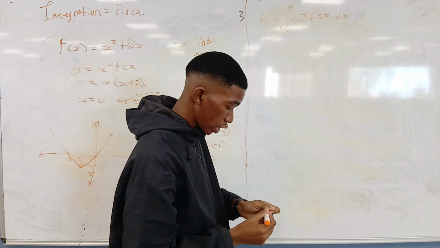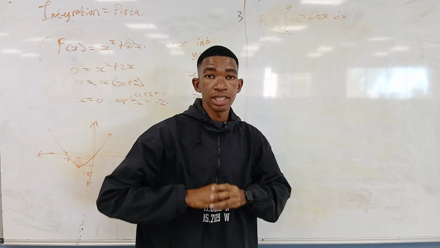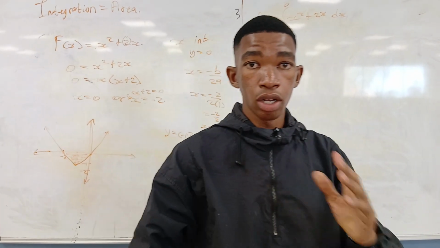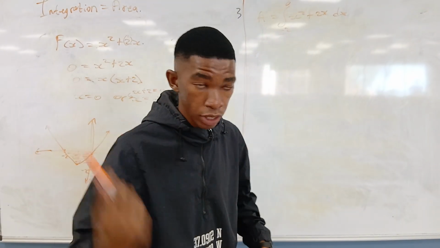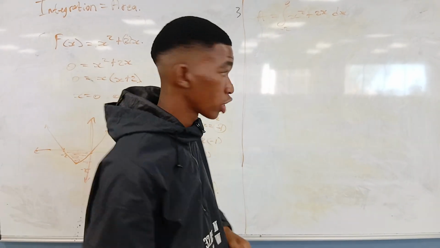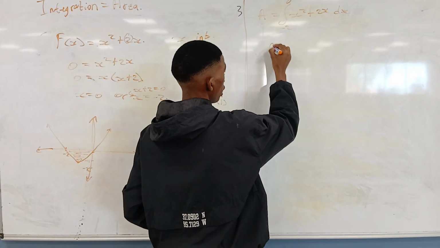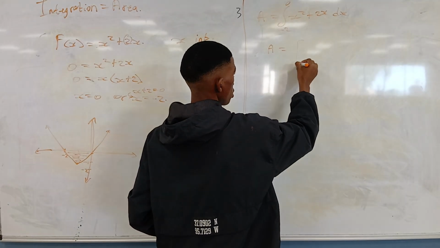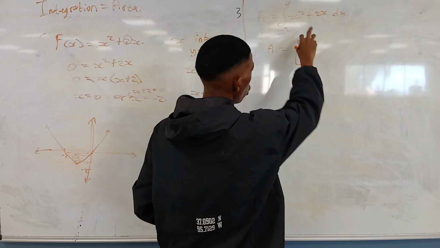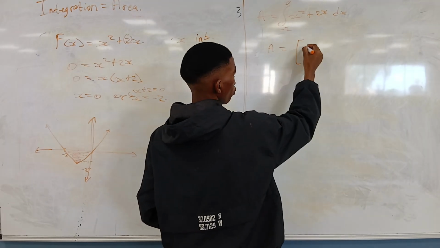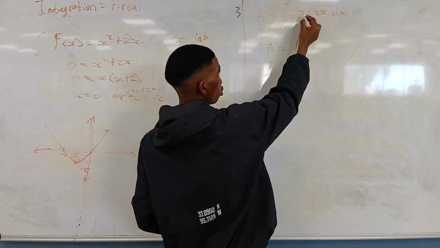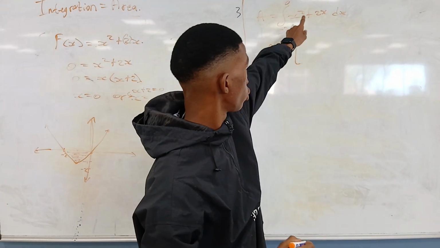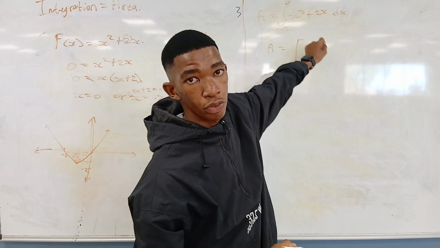Now, finding the integration. Remember, the integration is the reverse of the power rule in deriving your functions. So area is going to be equal to, you open your bracket like this, and then you're going to add 1 to the exponent of your variable.